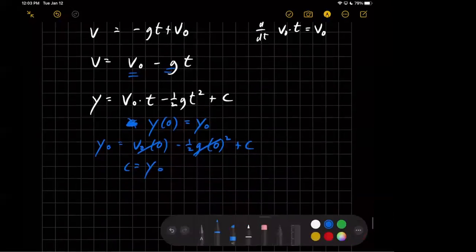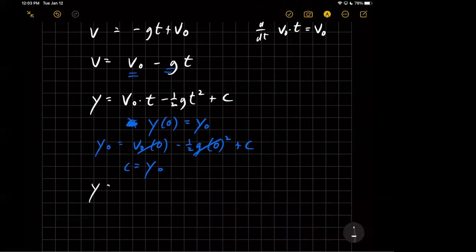So let's get back to the answer then. y must equal v naught t minus 1/2 gt squared plus y naught. You're used to seeing it this way: y naught plus v naught t minus 1/2 gt squared.